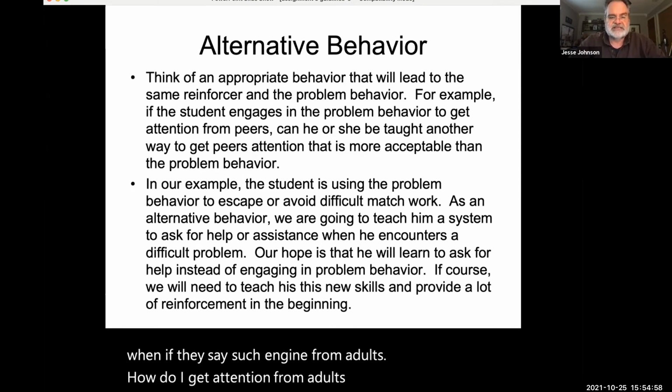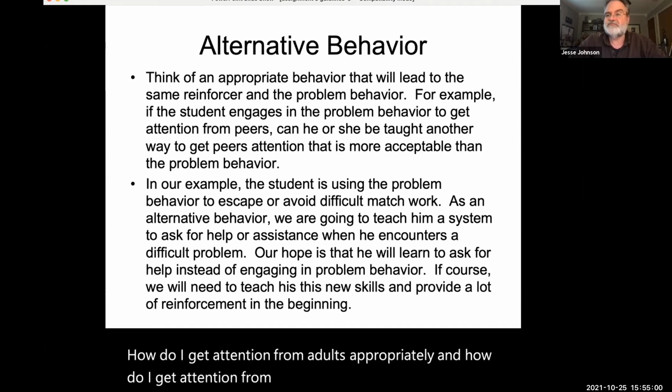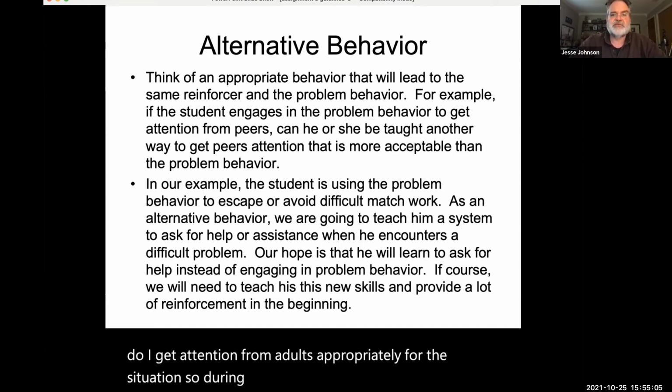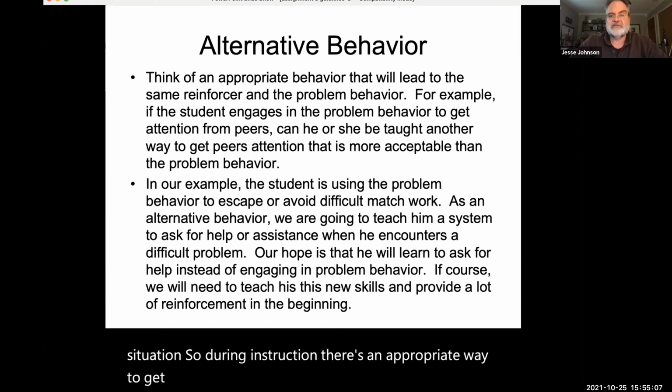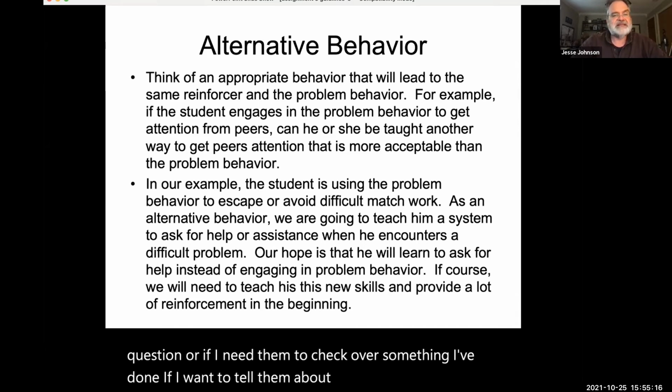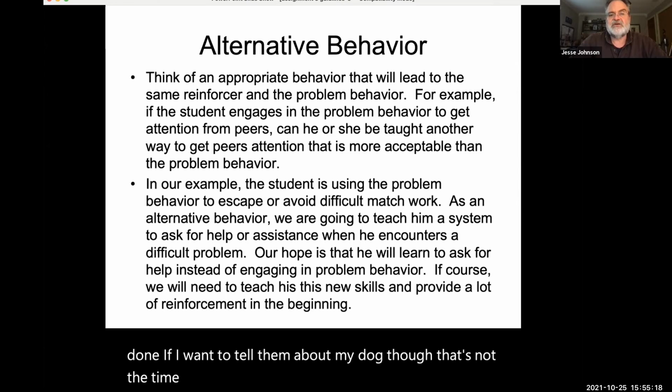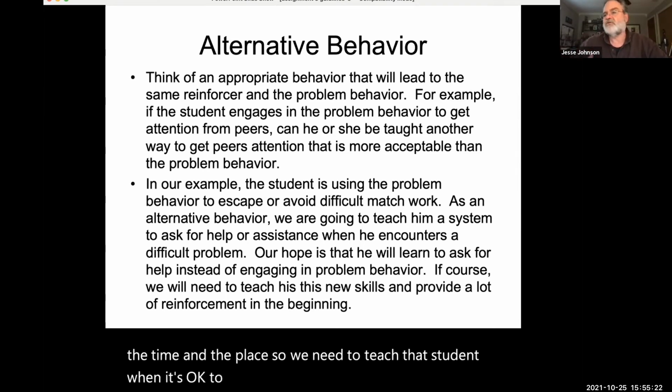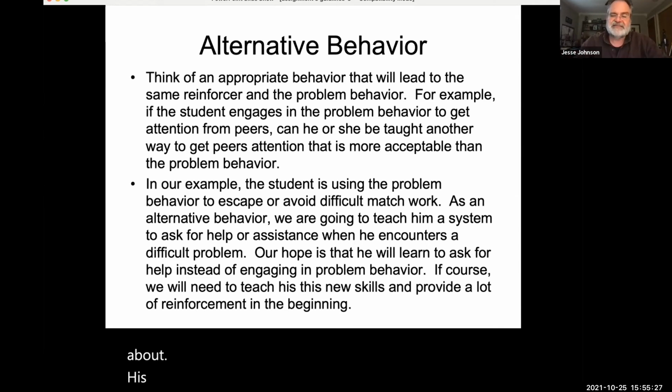And how do I get attention from adults appropriately for the situation? So during instruction, there's an appropriate way to get attention from adults, if I need to ask a question, or if I need them to check over something I've done. If I want to tell them about my dog, though, that's not the time and the place. So we need to teach that student when it's okay to talk about your dog or ask your teacher about his dog. Some people don't quite get that.